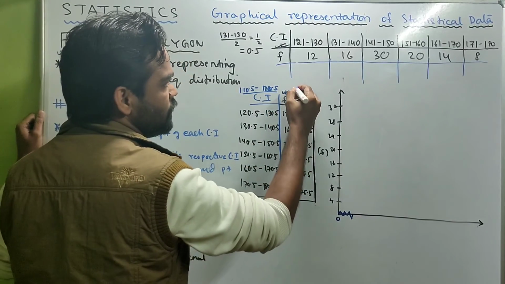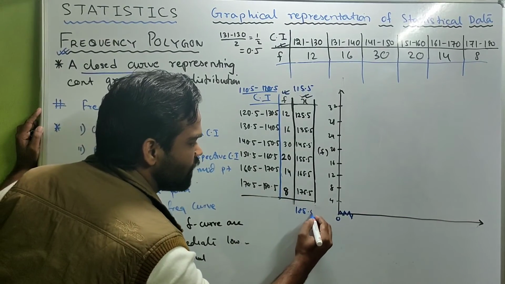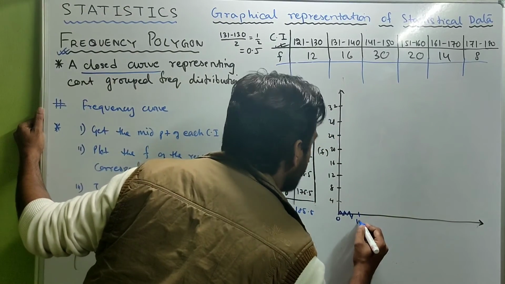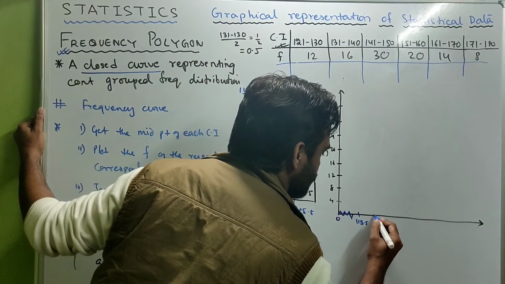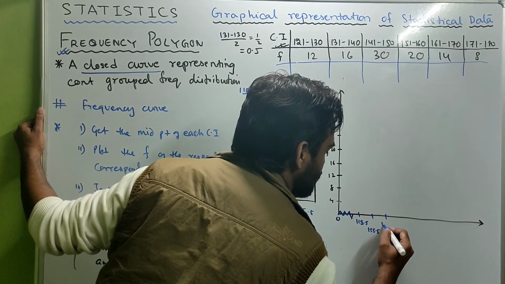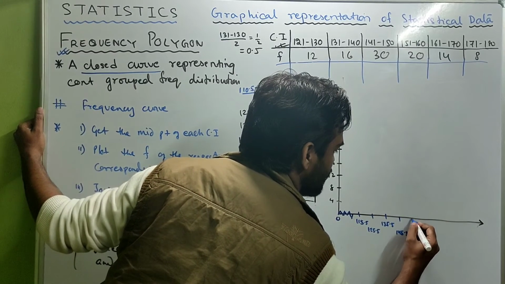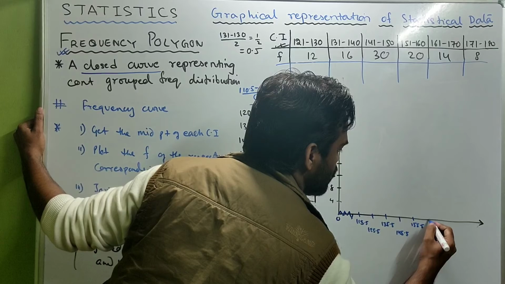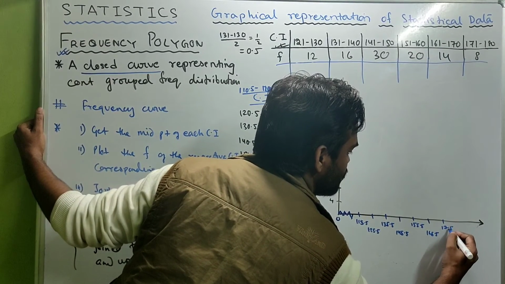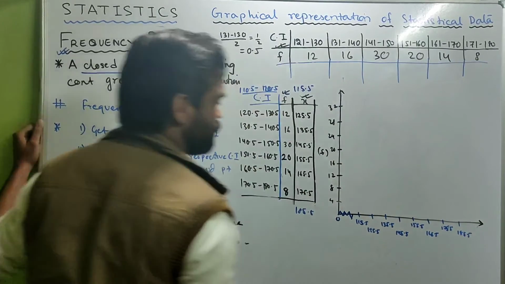This is 125.5, so it has to be 115.5, and after the last one we'll have 185.5. We'll mark one class mark extra. So I'll start with 115.5, then 125.5, 135.5, 145.5, 155.5, 165.5, 175.5, and this is 185.5.